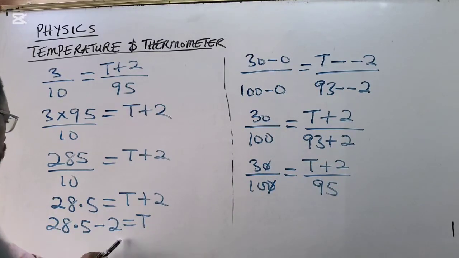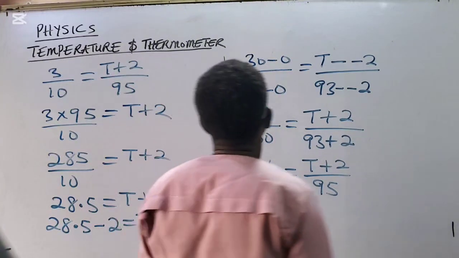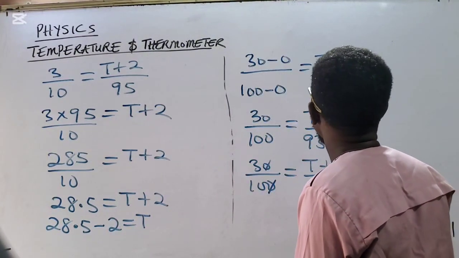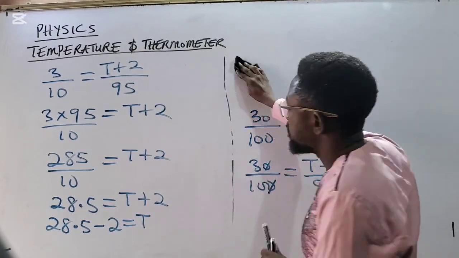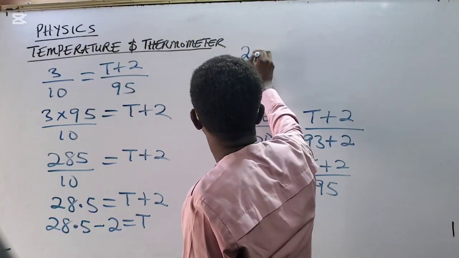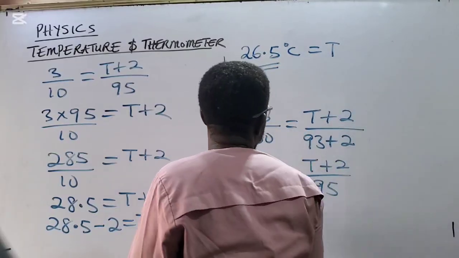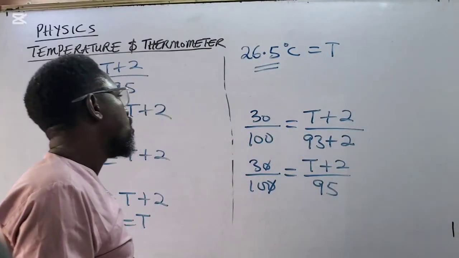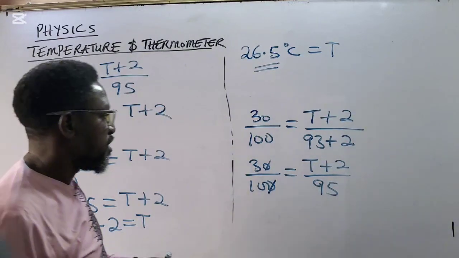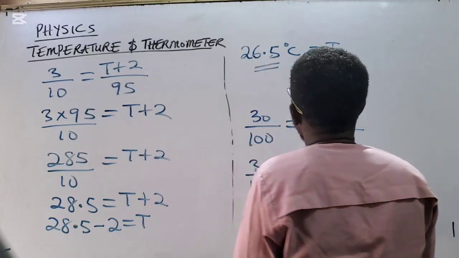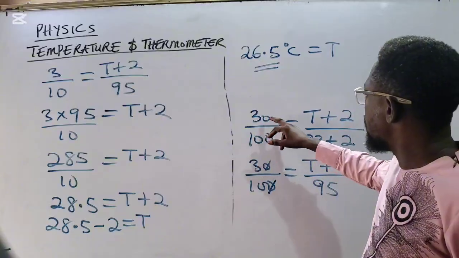So now when you subtract this one from this, that gives 26.5 degrees C. So you get 26.5 degrees C. Now we have the temperature on the thermometer when the actual temperature is 30 degrees C.